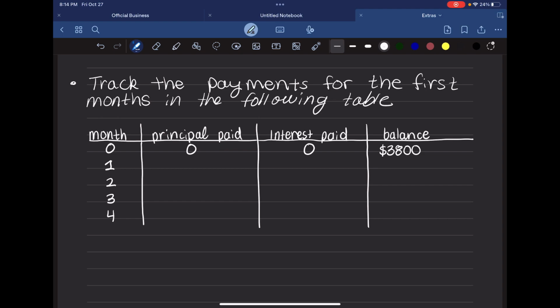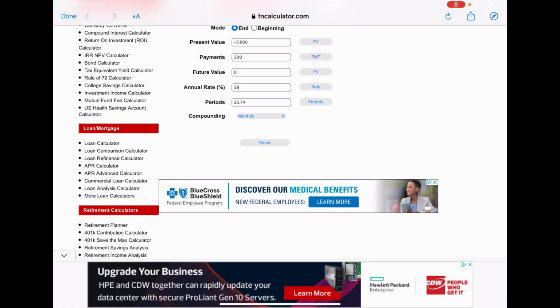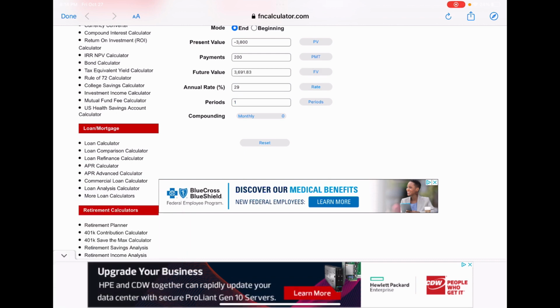After the first month, we've gone through one period, and we can actually go back to this calculator, remove what we have written for our future value, because we're going to be solving for what our balance is after one period. And then here where we have selected periods, I can just type in 1. So after 1 month, I can click on this future value, and it will tell me the balance of my loan.